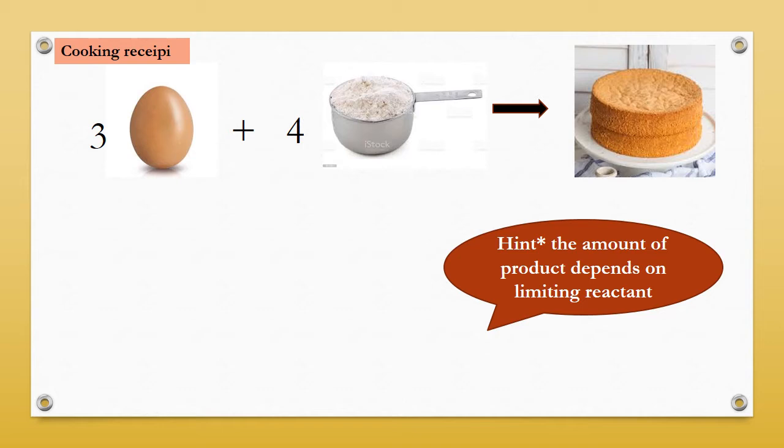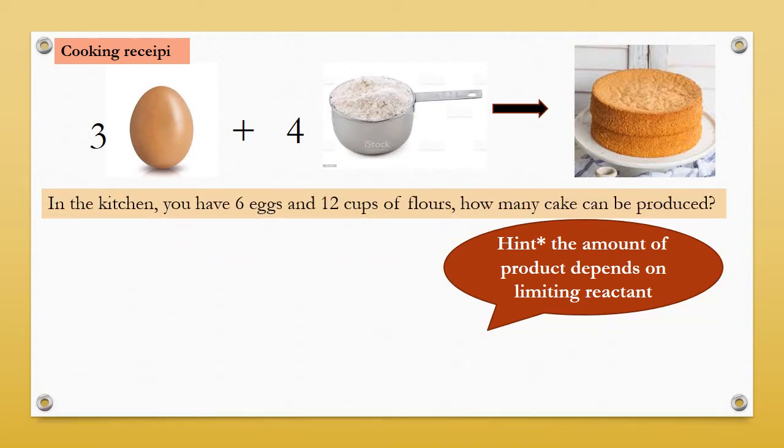Okay, using the same cooking recipe, 3 eggs react with 4 cups of flour to produce 1 cake. In your kitchen, you have 6 eggs and 12 cups of flour. How many cakes can be produced? When we are calculating the product formed, the amount of product depends on the limiting reactant. So when we do the stoichiometry relation, we have to compare the product with the limiting reactant, which is the eggs.